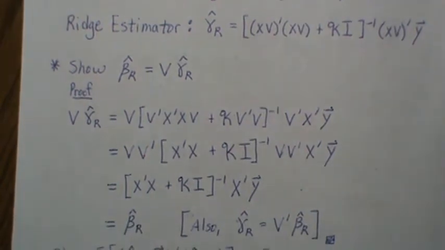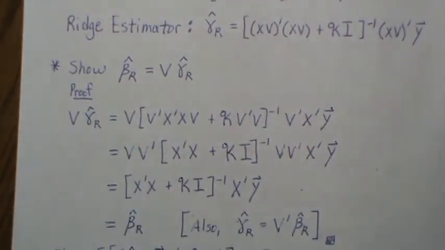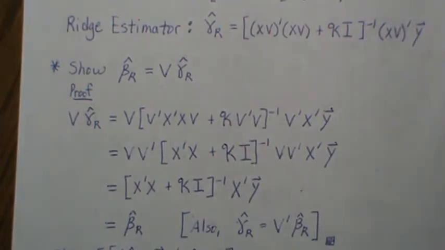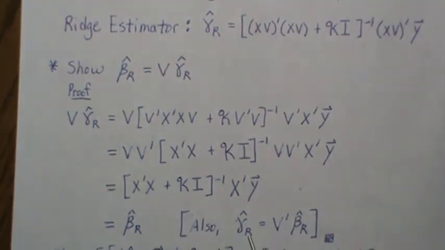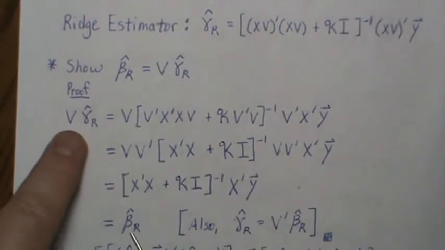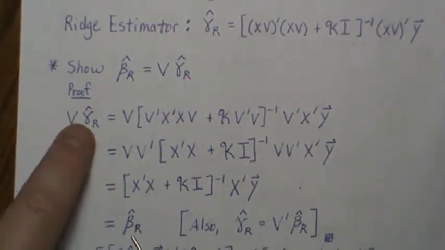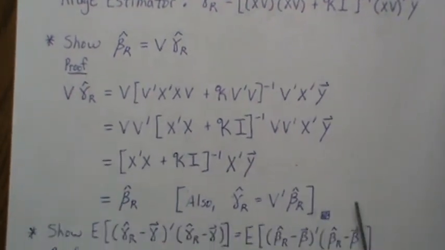But that is the original ridge estimator that we showed in part 1 and actually part 3 when we derived it from scratch. And also you can go backwards. If you have the original ridge estimator, you can multiply it by V prime to derive back the canonical estimator, right? You can almost see it from here. Left multiplied by V transpose, that's the identity, and then you get this.